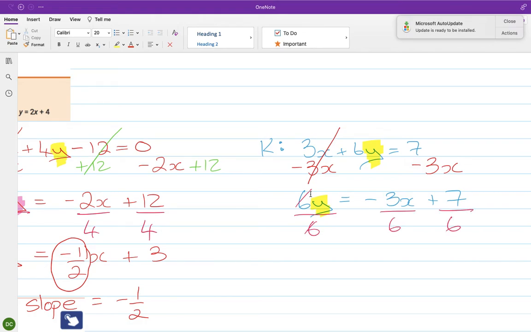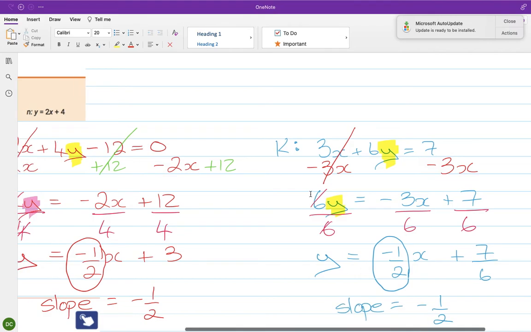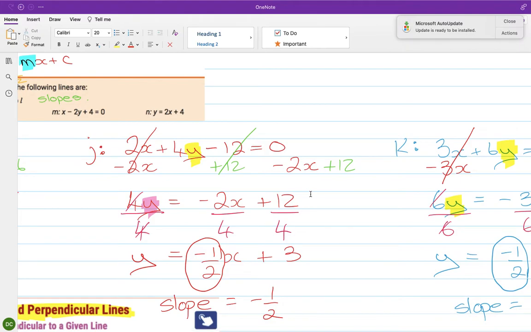The y is now isolated. Minus 3 over 6 is the same as minus a half, and 7 over 6 doesn't divide, so just leave it. We find the slope here in front of the x. So the slope equals minus a half. So go back and add it in.